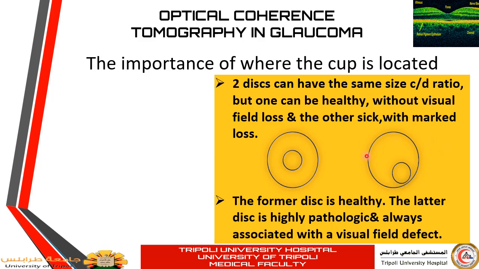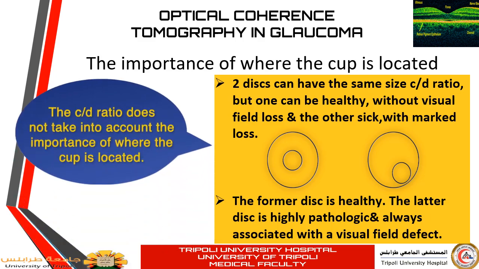So this one is more suspicious for glaucoma as it is irregular and notching as compared to the other one. So it is very important to find out the location of the cup in relation to the optic disc. This is one of the disadvantages of the cup disc ratio, that it doesn't take this relation into consideration, and that makes the rim to disc ratio more important than the cup disc ratio.